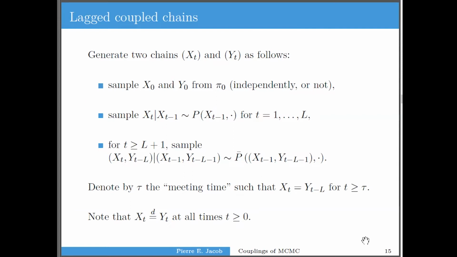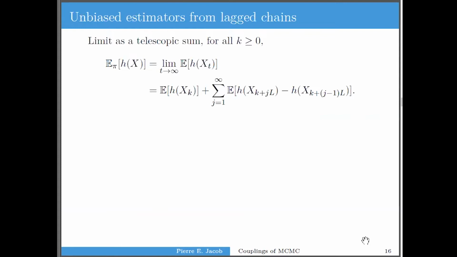So if you can do that, you have this classical telescopic sum argument that's due to Peter Glynn and Chang-han Rhee in the context of Markov chains, and previously was introduced by Peter Glynn in the context of multilevel Monte Carlo. And this is the trick. So you have the expectation of interest here, the expectation of h with respect to pi. You write this as a limit of the expectation of h(X_t) when t goes to infinity.